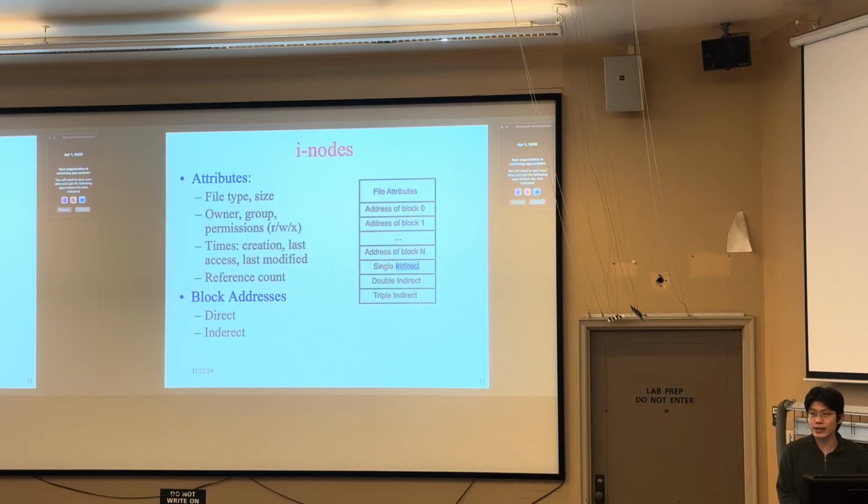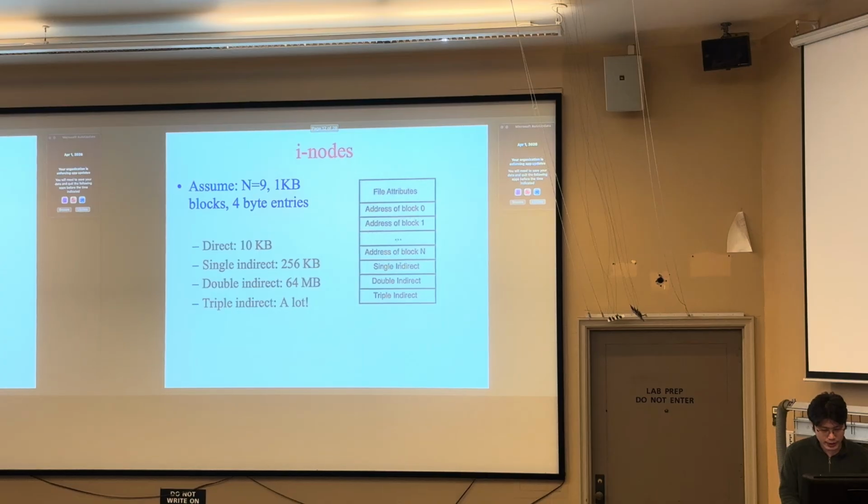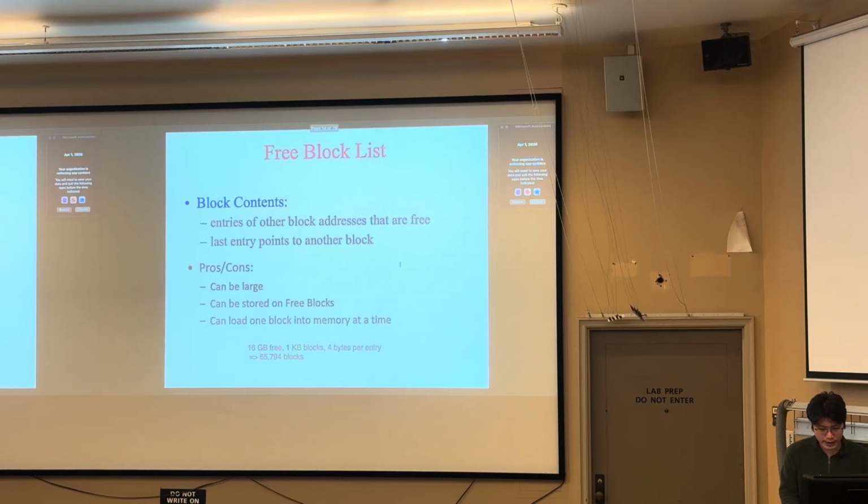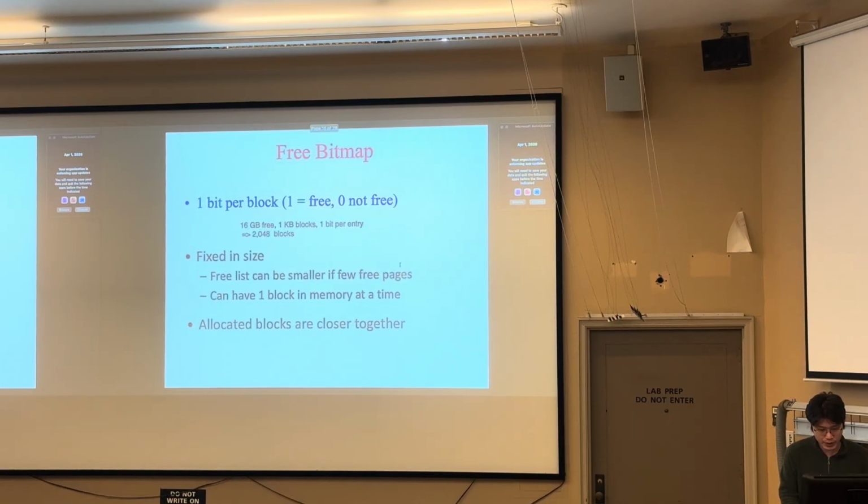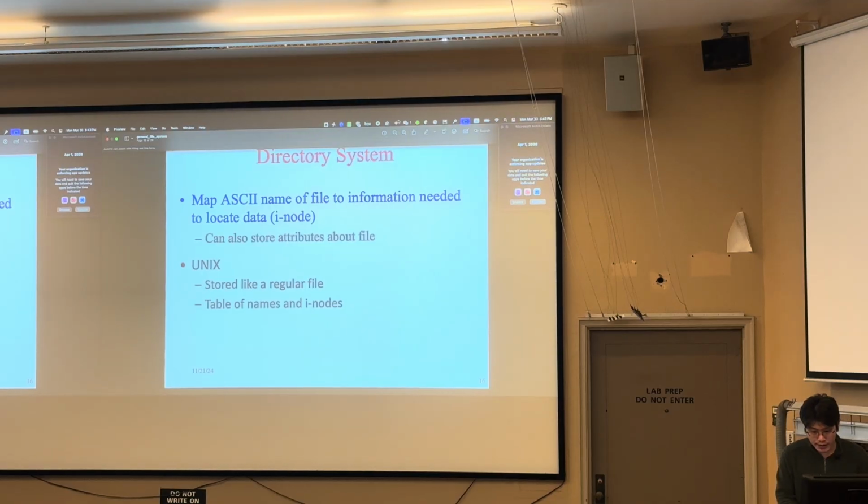This is single indirect. Double indirect means that there are two levels of blocks. Triple indirect, three levels of blocks. Actually, let me explain this in more detail. I think probably this might be the last thing that we explain.